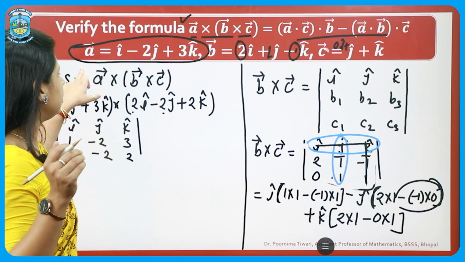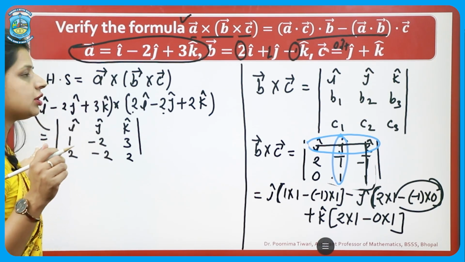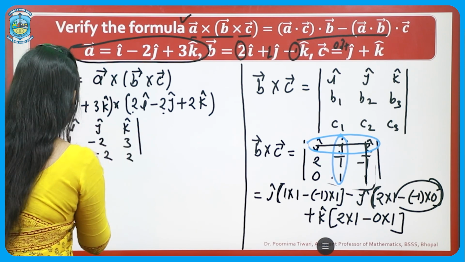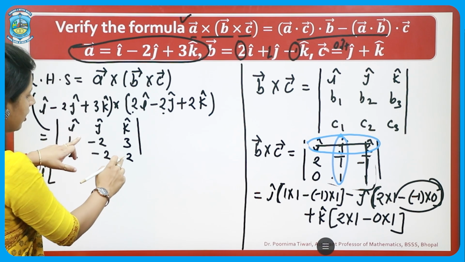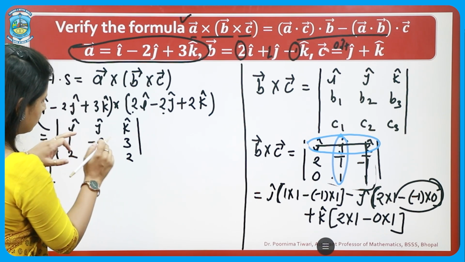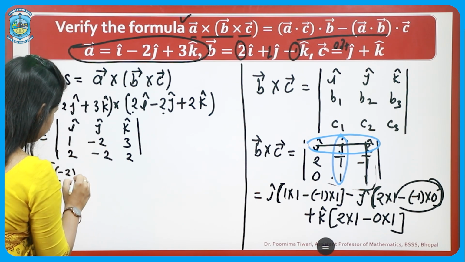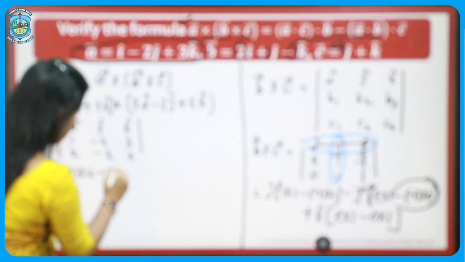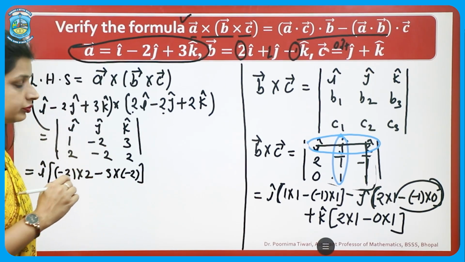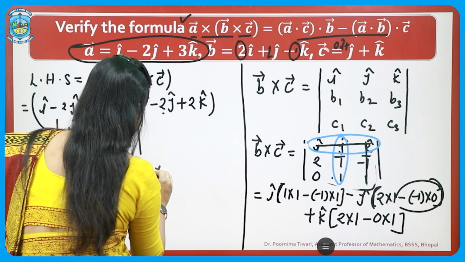Now, to get the value of this triple product, we will solve this determinant. The value of this determinant is i cap. We will multiply this minus 2 with 2, minus of 3 into minus 2. Minus of j cap.